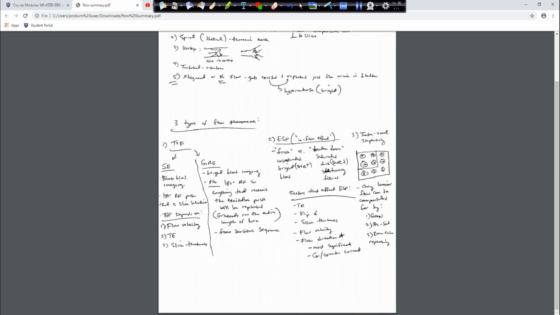So they can happen at any point. So as long as a spin of flowing blood has been excited, it can be refocused. So we get bright blood imaging with gradient echo. This is also sometimes called a flow-sensitive sequence because, once again, we get bright blood.